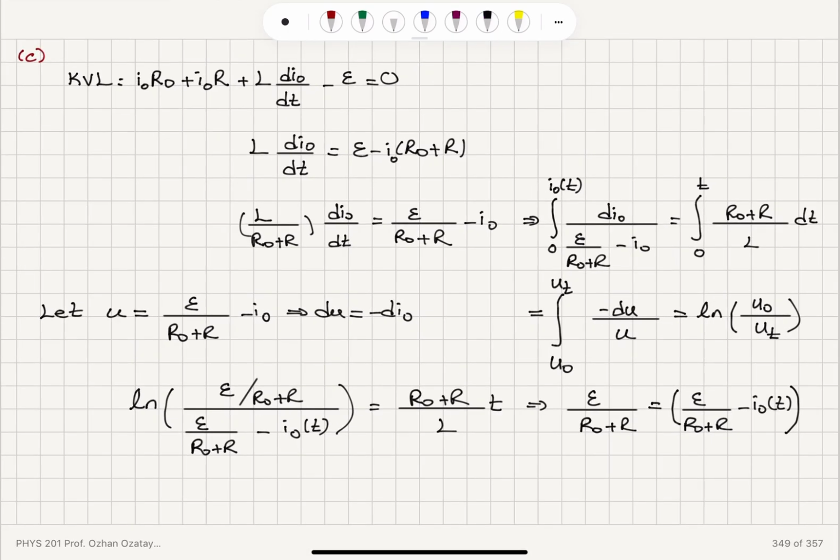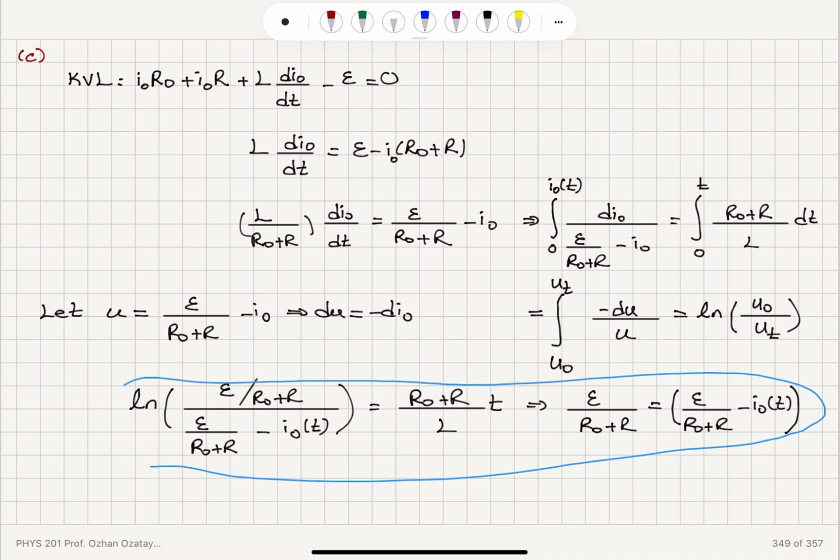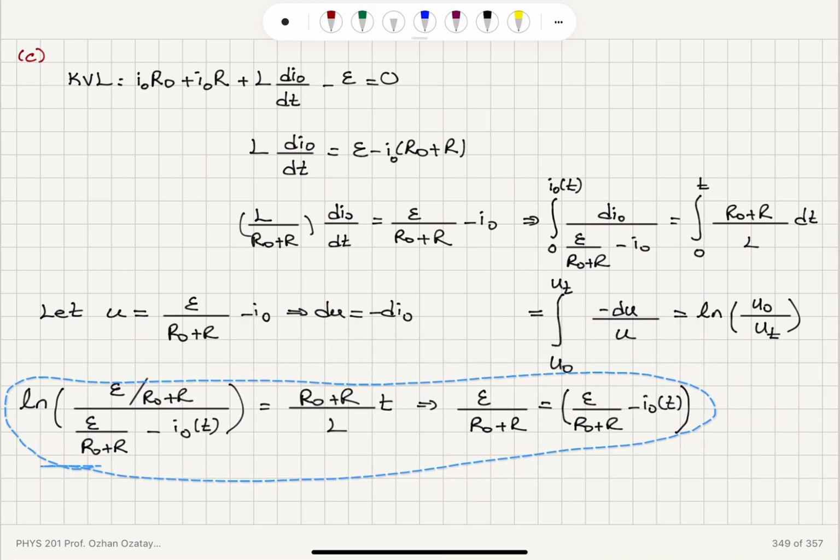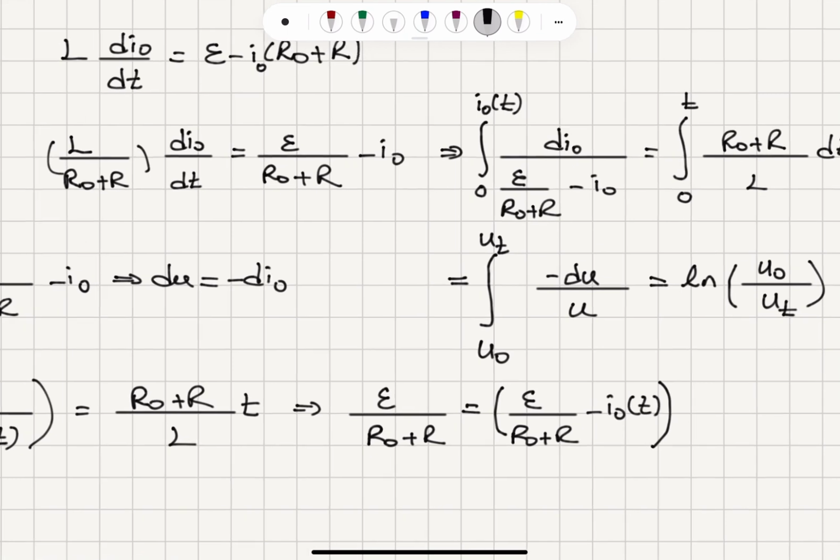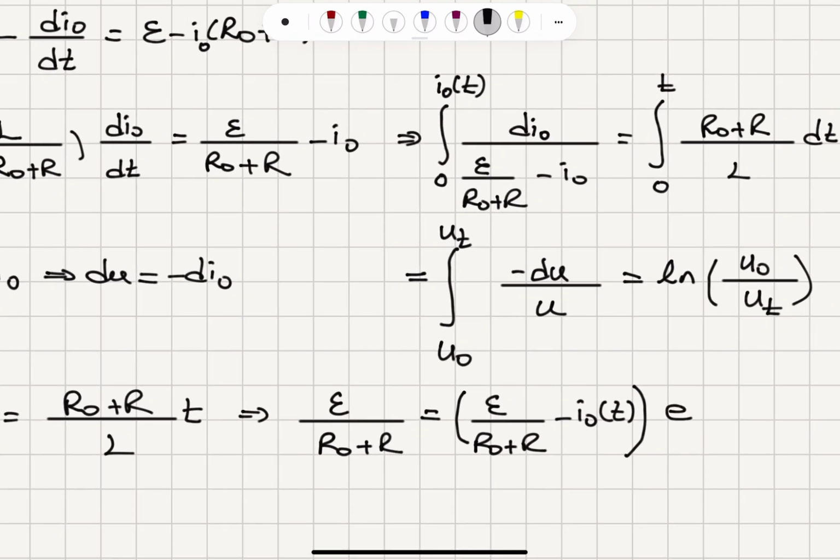So let me move this to the left. So this is exponential of R0 plus R divided by the inductance L times t.